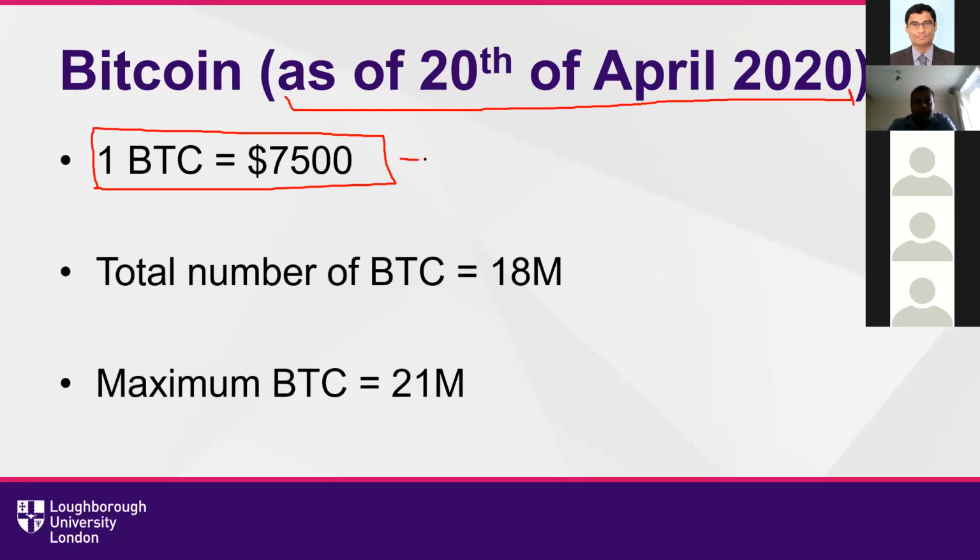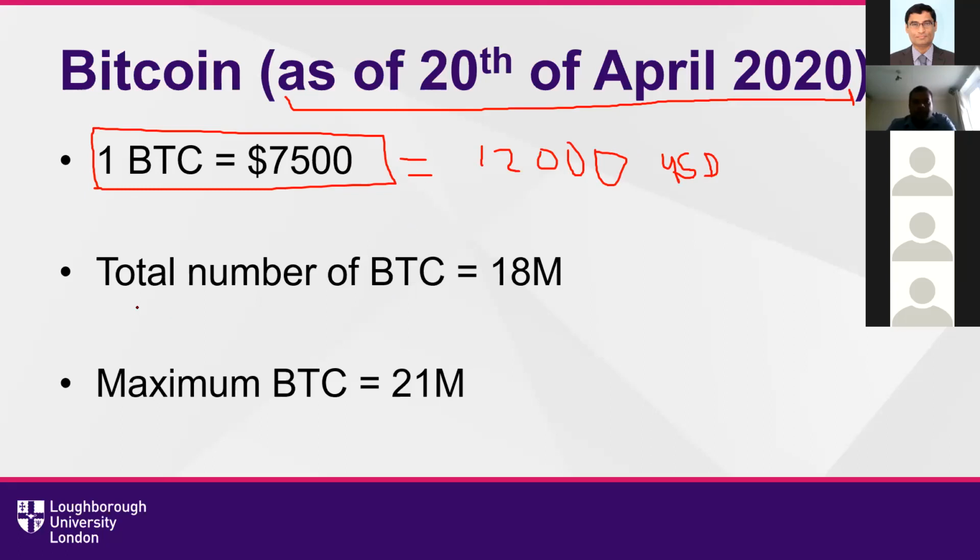I believe it was reaching around 12,000 US dollars a few months back. If you own 1 Bitcoin, you are a rich person.